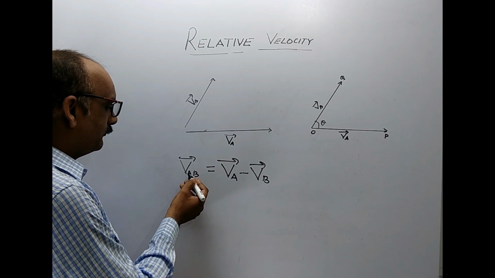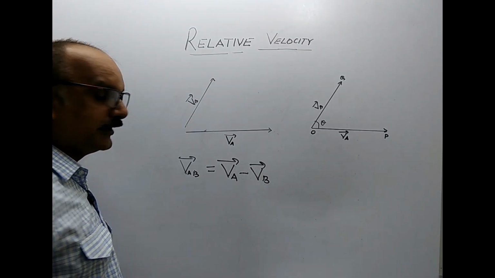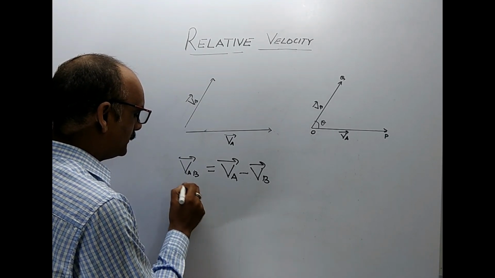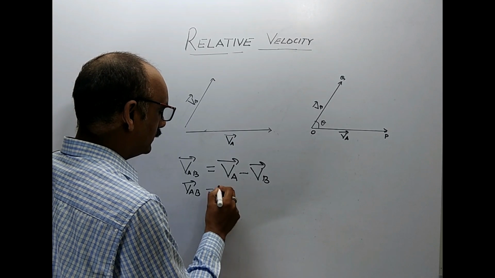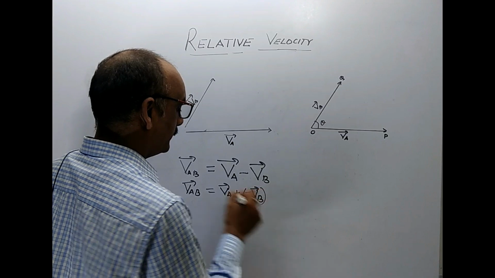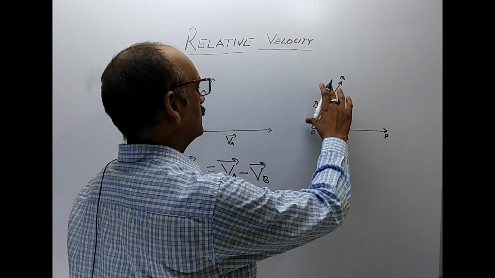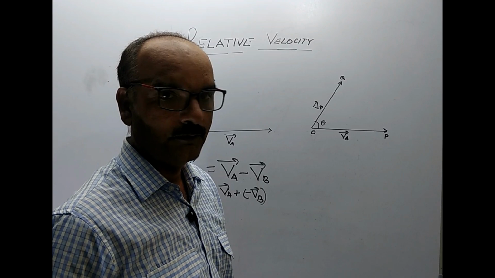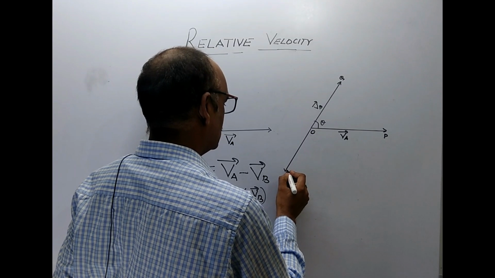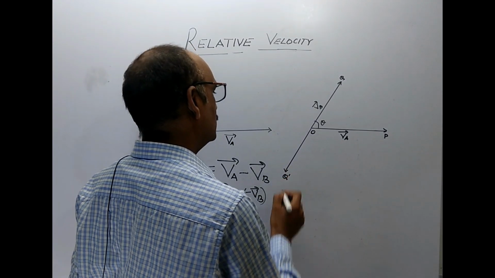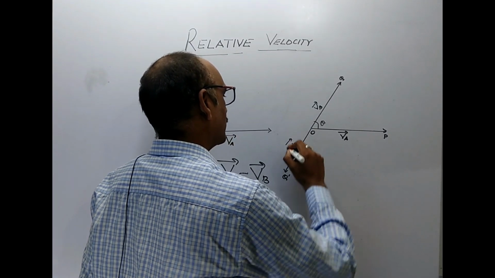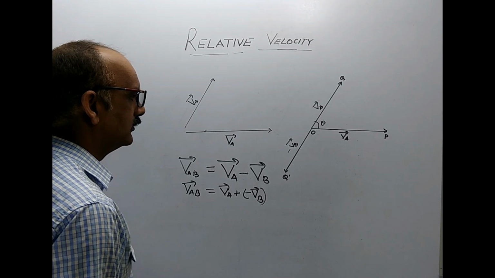Now, vector VAB equals vector VA minus vector VB. That is, vector VAB equals vector VA plus minus times vector VB. This is vector VB. For minus, let OQ dash be representing minus VB vector, right?